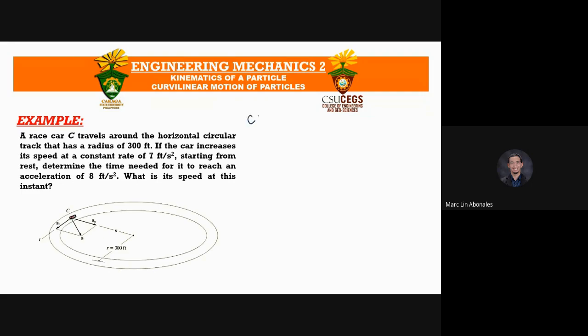Just a continuation, for us to solve the time, that is actually based from the acceleration. In our acceleration, the tangential acceleration is a constant. Tangential acceleration.